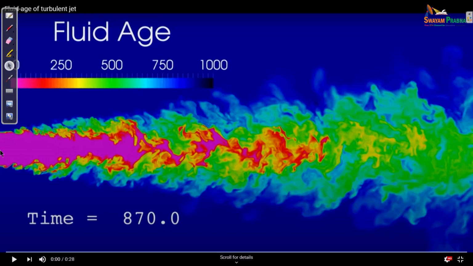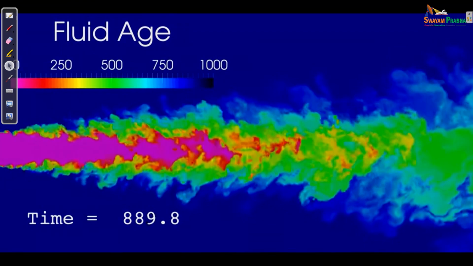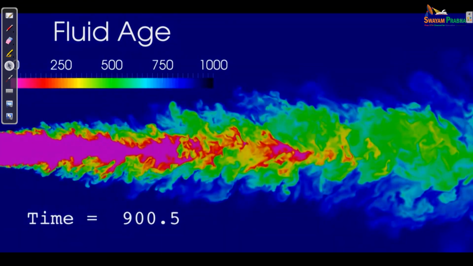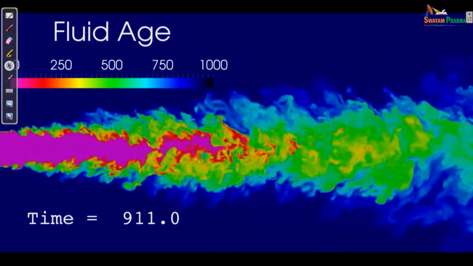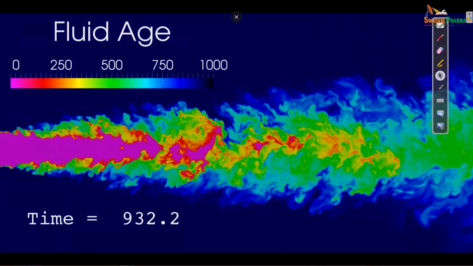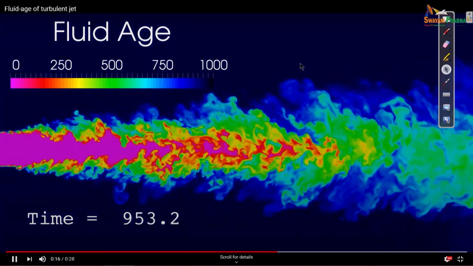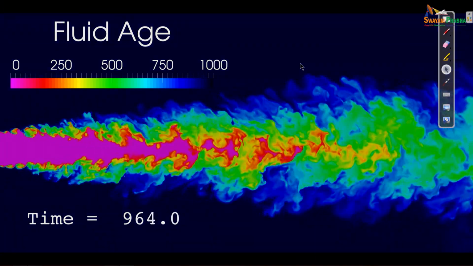So we've created that kind of a flow field exactly, so that we can study this. Let me play this for you, and let us see. It's important to note the colors, and note that this pink color is really disappearing, it's not there at all after a certain while.